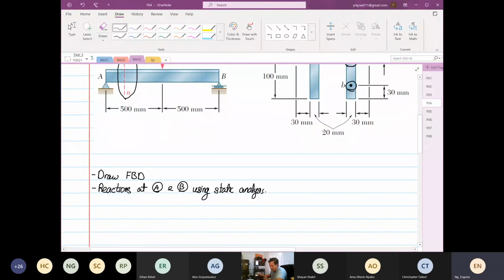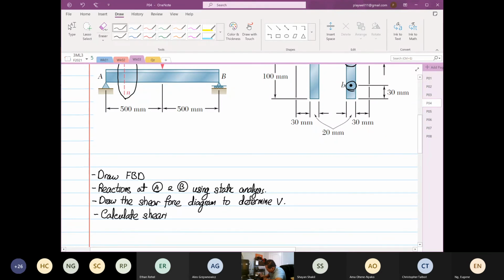Then we are going to draw a shear force diagram to determine V. After that, we are going to calculate our shearing stress.